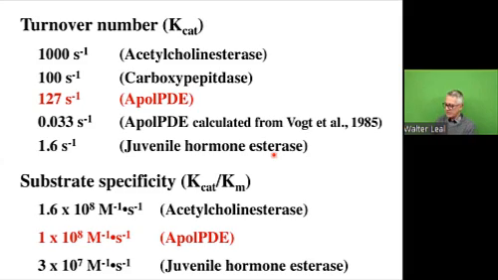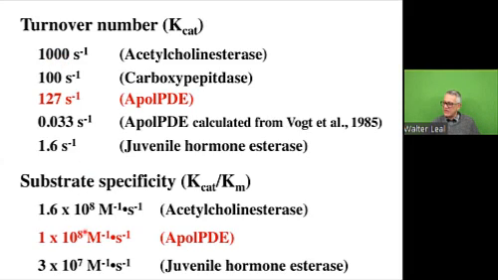We gave some examples to highlight that, and I picked the example of the enzyme that we isolated from these insects, called APOL-PDE, which had a turnover number of 127. One might look at that and say this is not very nice compared to acetylcholinesterase, which gets 1,000.